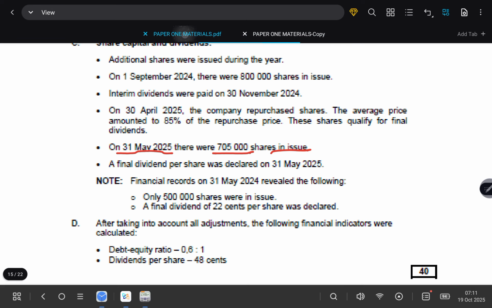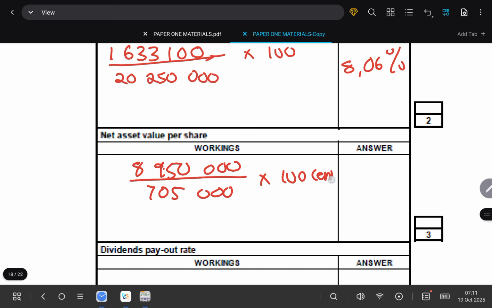So our ordinary shareholders' equity here is 8,950,000. We divide it by 705,000, and then we multiply by 100 cents because our answer should be in cents.